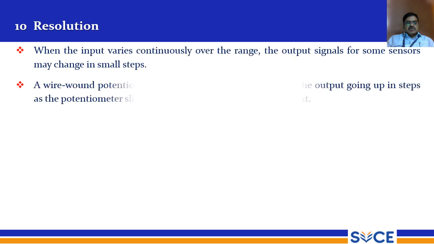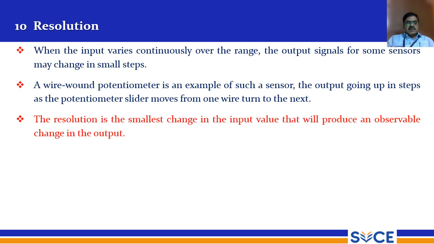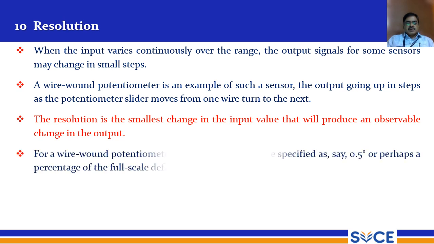And resolution, as we discussed earlier, is the smallest change in the input values that will produce an observable change in output. You might be clear with that step diagram, and you might have understood the difference between sensitivity and resolution.